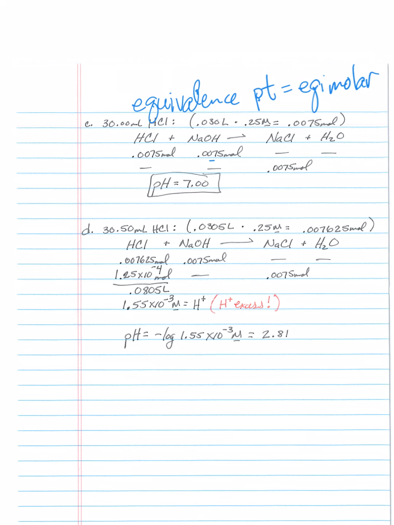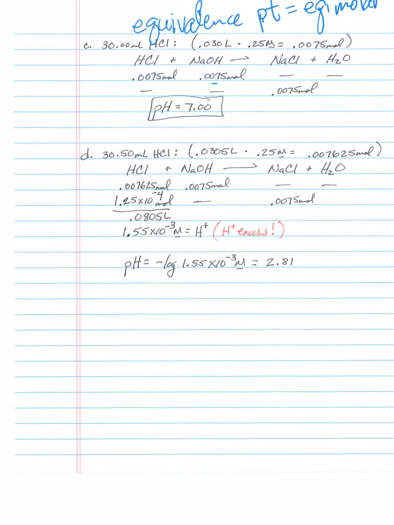So now we've gone past the equivalence point in example D. Example D, we're just going to go from 30 to 30.5. We're going to add just a half a mL more of acid. So now I've got 0.075 of our base right here. I'm adding 0.07625 of our acid. We got a little bit of acid left over. My H is in excess. We find out the moles of excess.